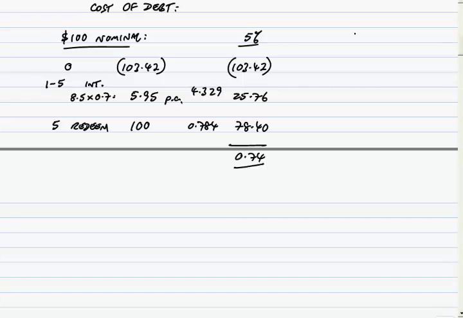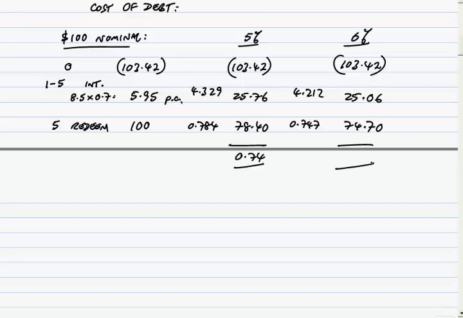So to prove I know what I'm doing, if I did it at 6% as well, then 5 years at 6%, the annuity factor is 4.212. The ordinary factor for the redemption, 5 years at 6%, is 0.747. That gives $25.06.